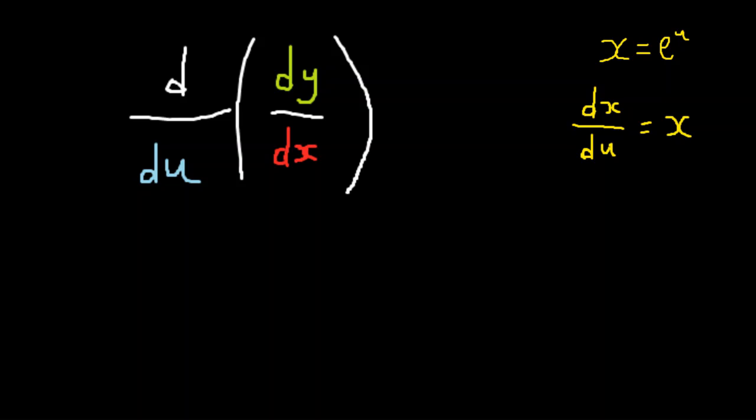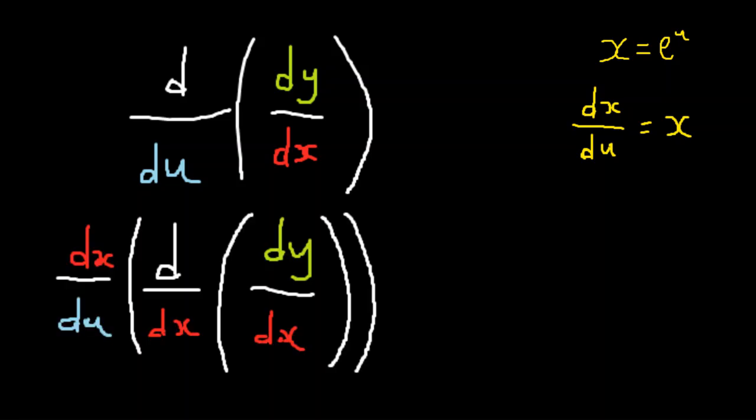Because differentiating with respect to x of that derivative is very simple. That's the second derivative. We've been doing that since year 12. So what we're going to do about the other stuff, so that we can make sure we're still differentiating with respect to u instead of x, we're going to multiply by dx by du to get rid of the dx and keep the du there, so that it just works with the sort of mega chain rule.